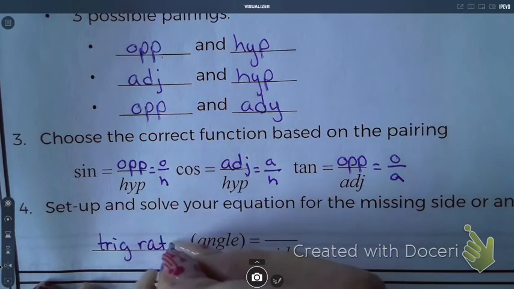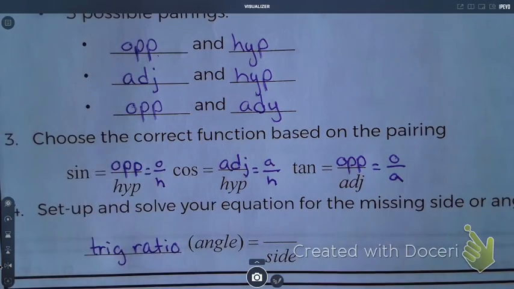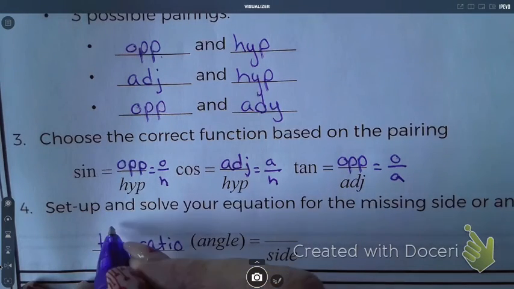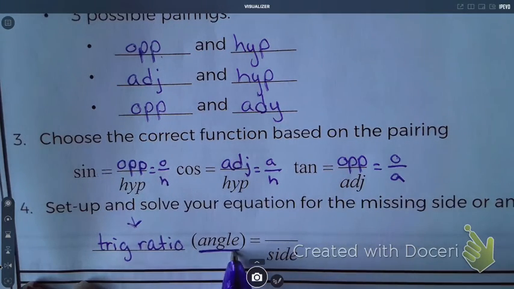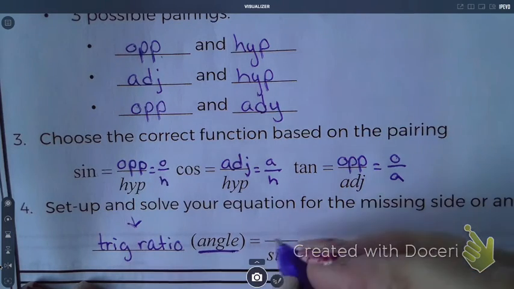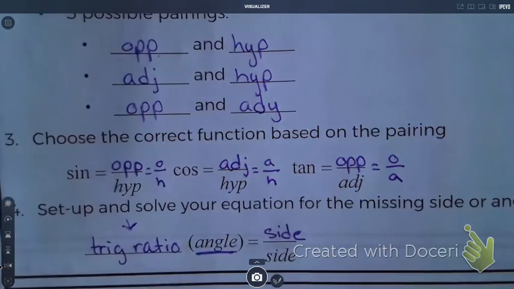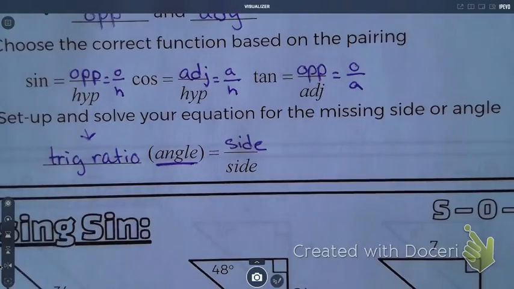What are the trig ratios that we've done today? Sine, cosine, and tangent. So this can be sine, cosine, or tangent of an angle equals side over side. So that's the process we're going to have.